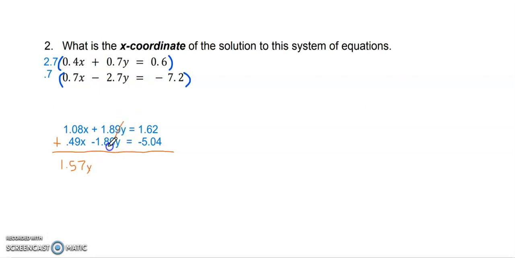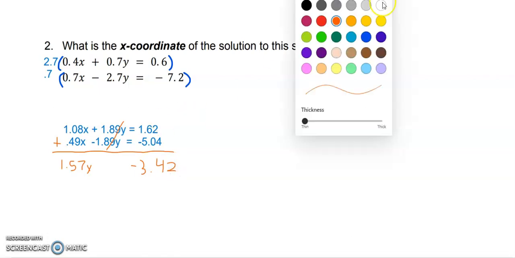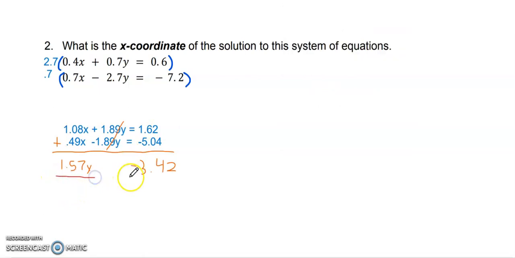Okay, my y's are going to eliminate, and then I have 1.62 minus 5.04, and that equals negative 3.42. So now I just have to divide both sides by my coefficient of 1.57.